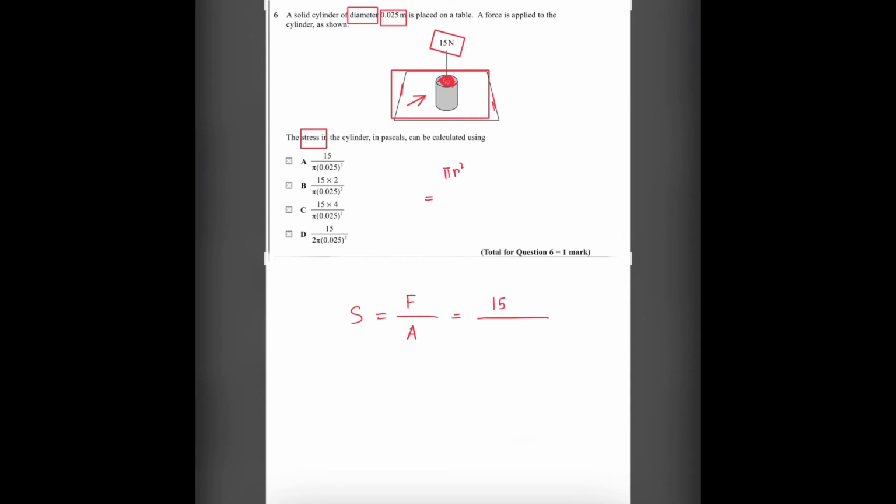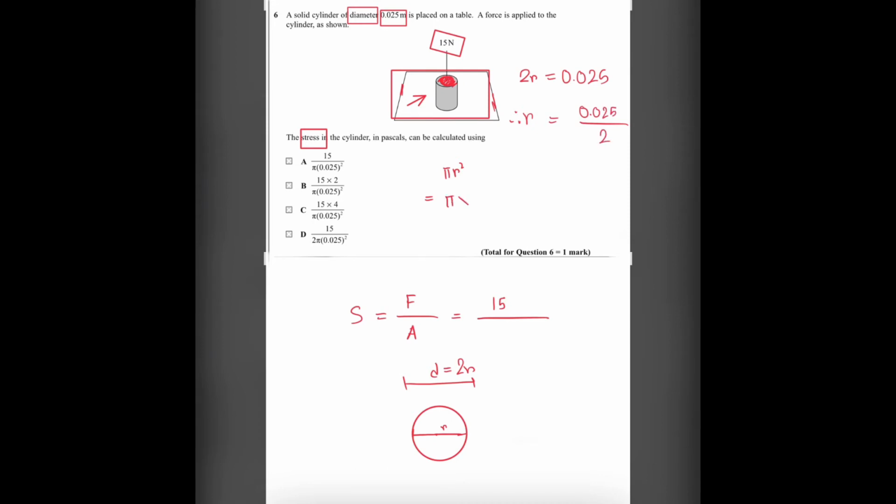So the diameter is actually 2r. When we have a circle, if this is radius r, this would be diameter d, and d is equal to 2r. So 2r equals 0.025. So the radius would be 0.025 by 2.